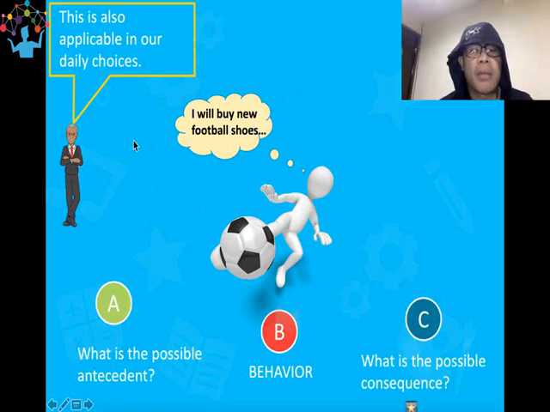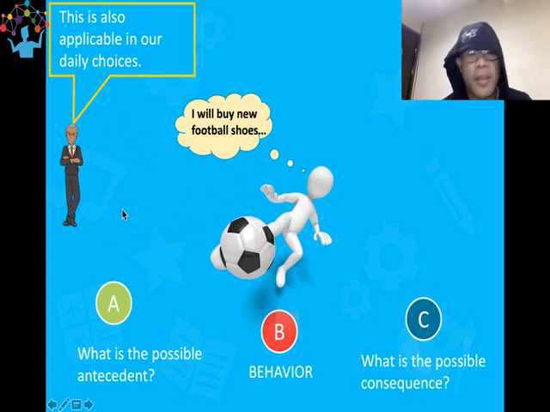This theory is not only for learning. In our day-to-day choices in life, you make use of the behavior theory of learning. Just for example, you are into football and you want to buy football shoes. In buying football shoes, you have some antecedents in your choice.